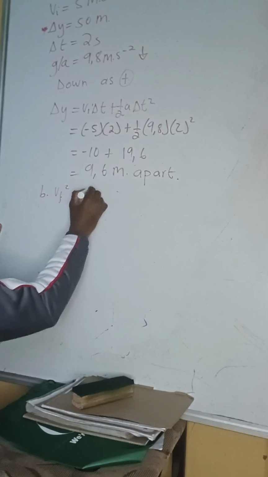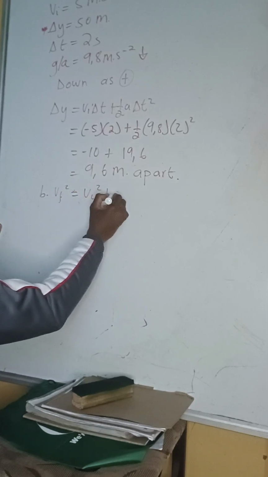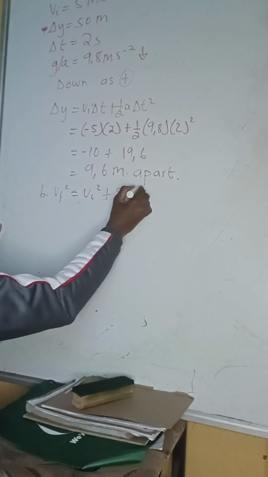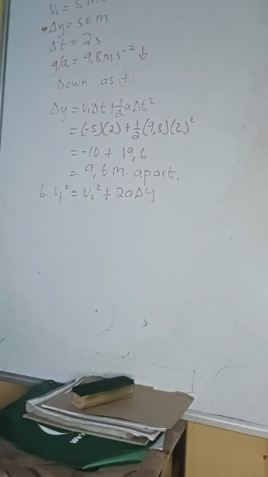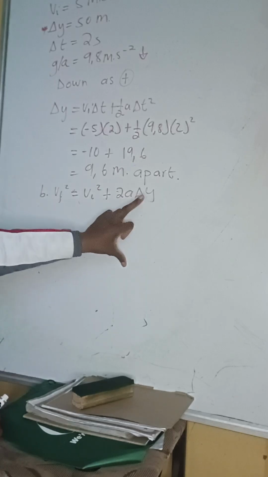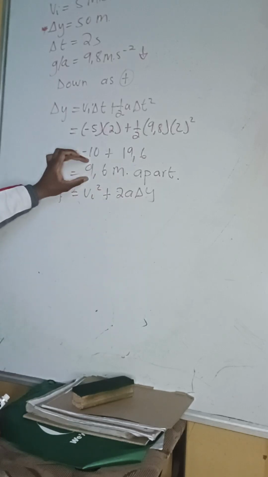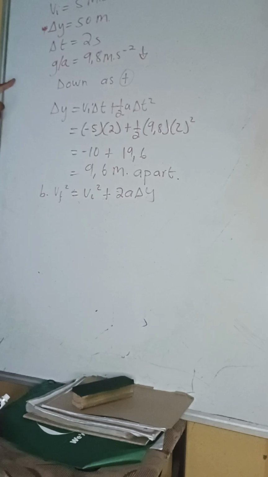is equal to VI squared plus 2a delta y. Why am I including delta y now? This delta y is not this part. It is that 50 meters, because now we are looking for the final velocity. We have the initial velocity. We are now looking for the final velocity.